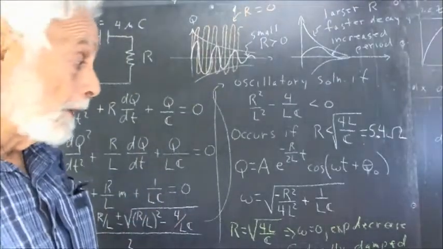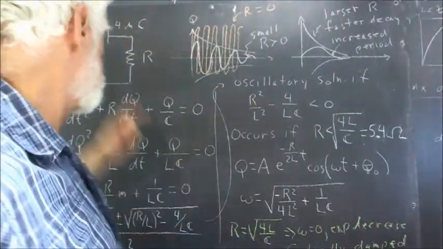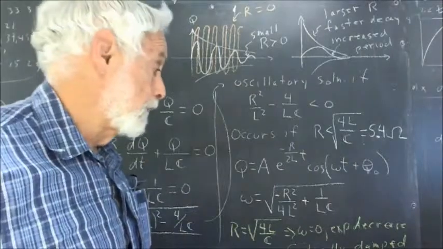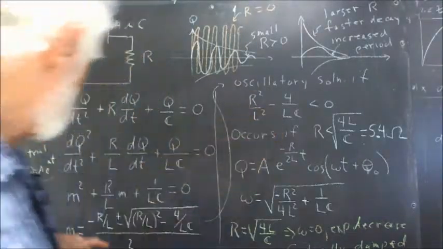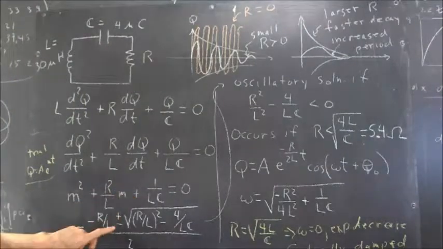Now, if you go beyond that, because certainly you can increase R beyond that, you no longer have oscillatory behavior at all. You're going to have two exponential functions, one corresponding to the plus here, one corresponding to the minus.